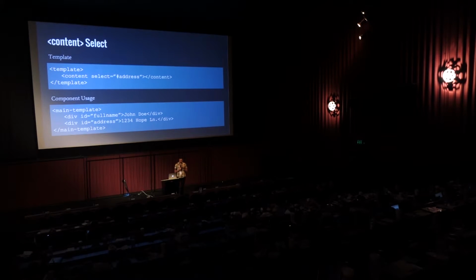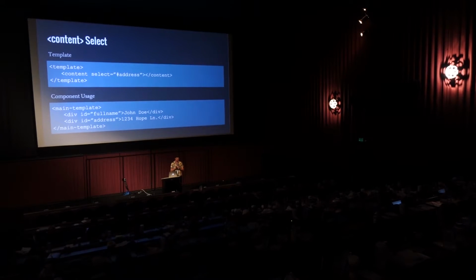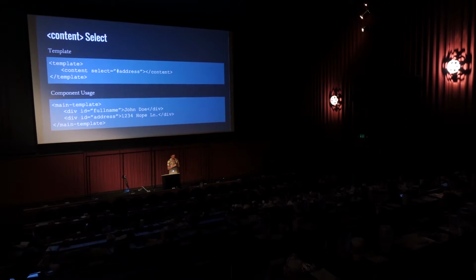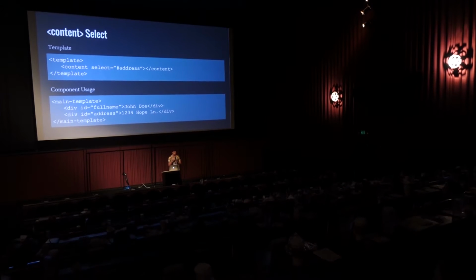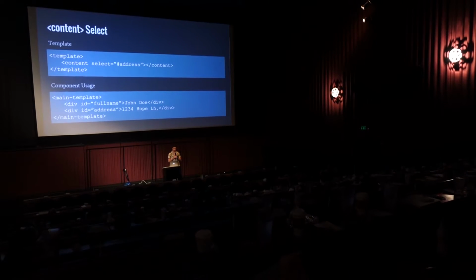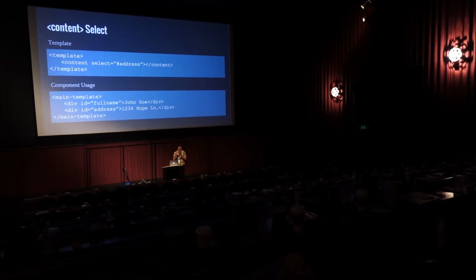So when you use your custom element, and in this case I called it main template, I pass in two divs, one with the ID of full name and one of address, and the select attribute will go into the content that you're passing it, use the CSS selector to find the HTML, and output that HTML in that content tag. So in this example, full name will never get shown, only the address, because our select attribute is an ID of address. And this gives us another way to dynamically pass in content to custom elements.